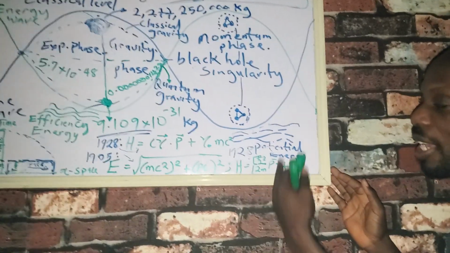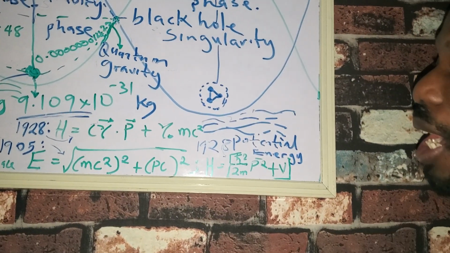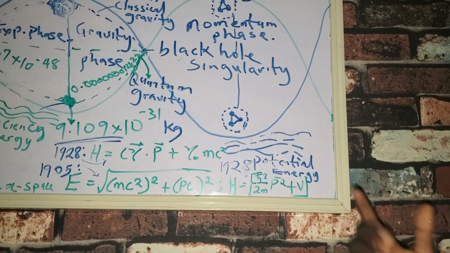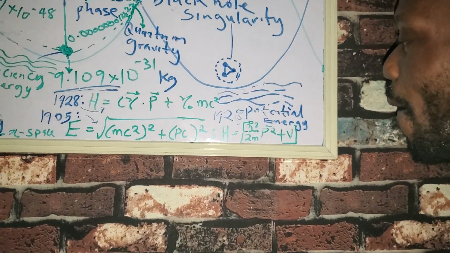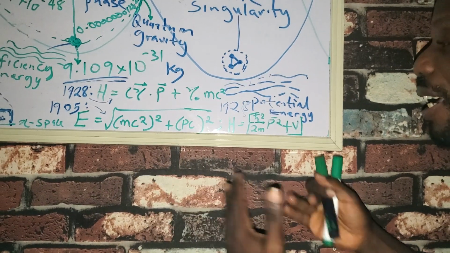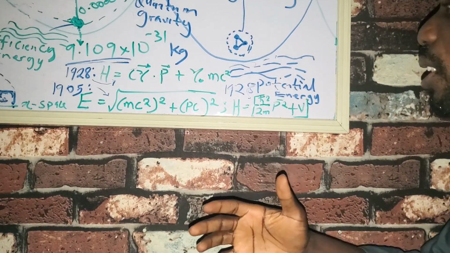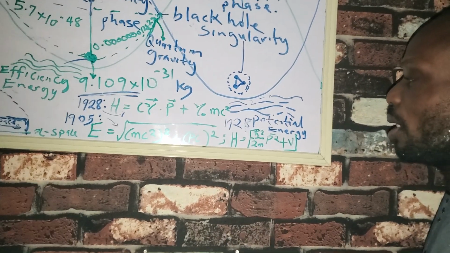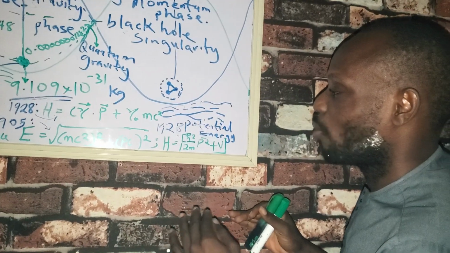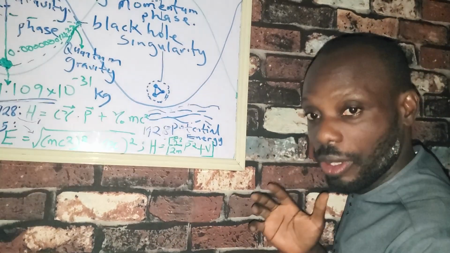The Schrodinger equation starts with this, and what Schrodinger did was try to model the dynamics of energy and momentum by using differential calculus. When he did that, he was able to come up with the wave equation.